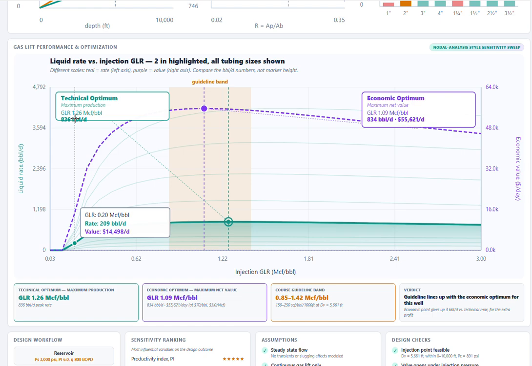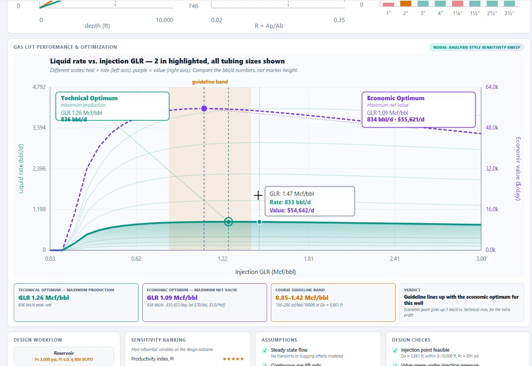Most students will say probably not. Congratulations! You are no longer thinking like a student. You are thinking like an asset engineer. In other words, the engineer who produces the most oil is not always the engineer who creates the most value.